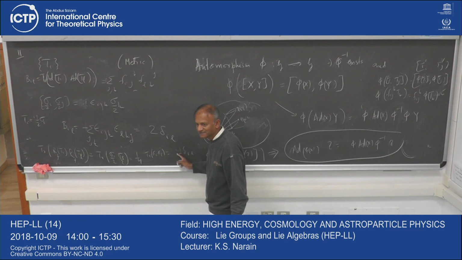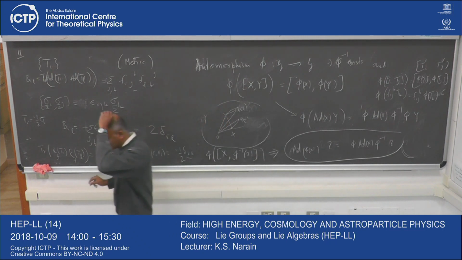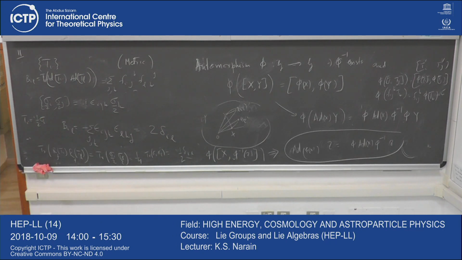This will be J dependent. But that's all. The delta IL structure will always be there. We will see in general that for a simple Lie algebra this is the case, and SU2 is a simple Lie algebra. We will see in general that for simple Lie algebras this is always true.